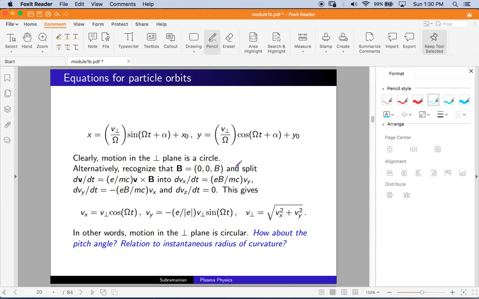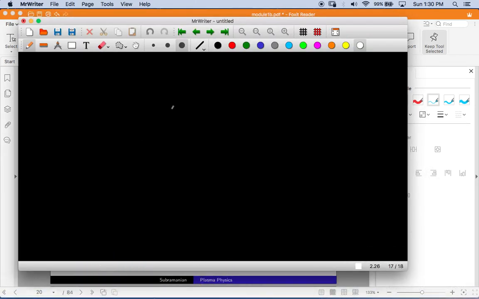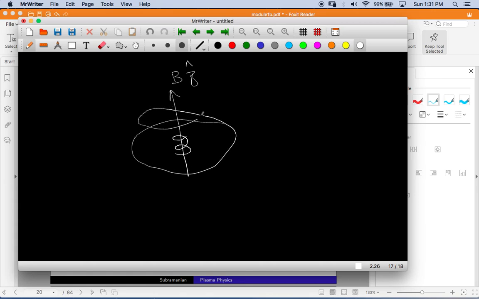Now, there are some interesting things to think about. You might not have had an opportunity. There's this thing called a pitch angle, which is this. Say you have a magnetic field pointing like this. Now, the helical motion might be a very tight helix, or it might be a loose helix, like that.